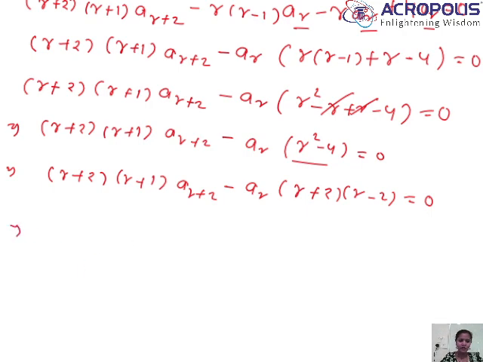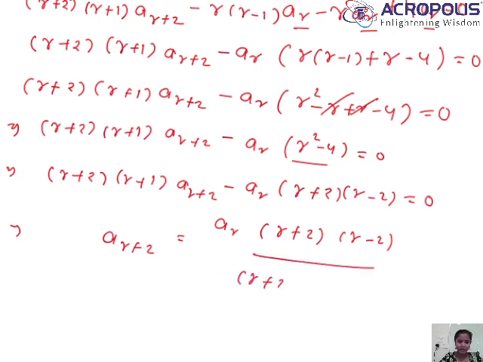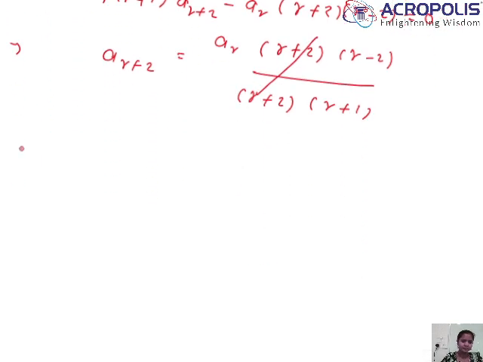Now we can find the value of ar plus 2. Then what you get, ar into r plus 2 r minus 2 upon r plus 2 and r plus 1. Here r plus 2 and r plus 2 cancel out. Now we get ar plus 2 equals ar into r minus 2 upon r plus 1. This is called recurrence relation.